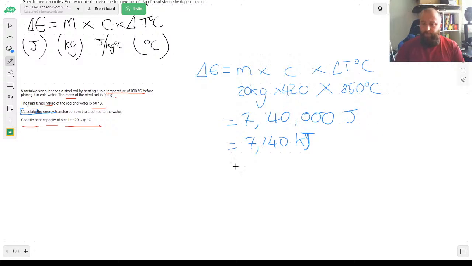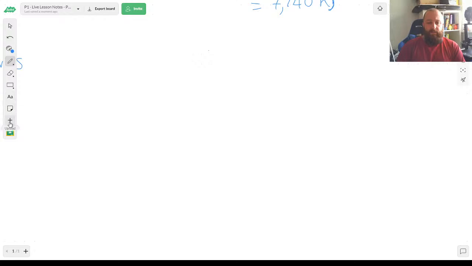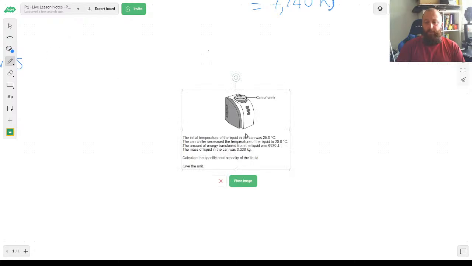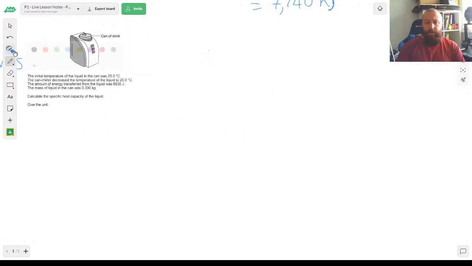Right, let's look at another example question on this. I've found these questions gradually get slightly harder as we work our way down. Remember, the context doesn't really matter with these.